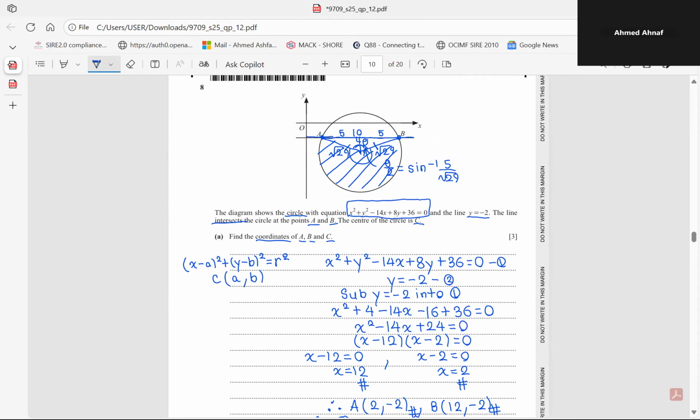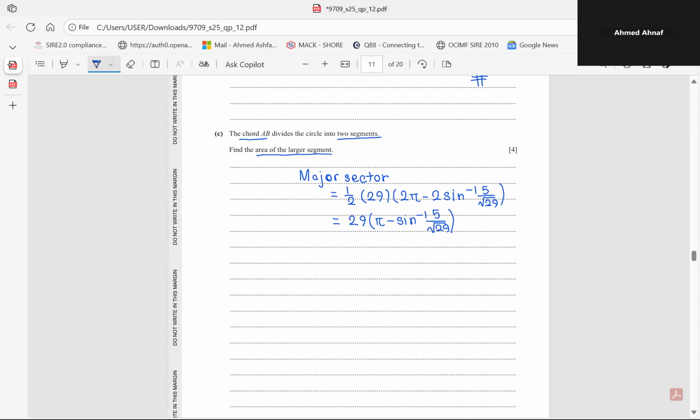Now we're going to find the area of the triangle ACB.